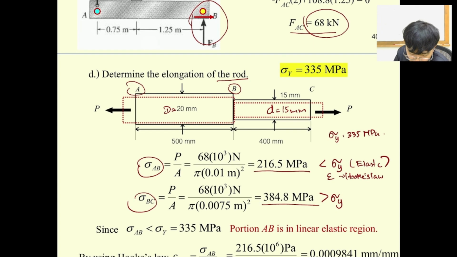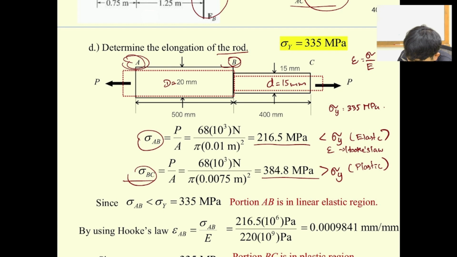Which means if I would like to find the strain from AB over here, strain is going to be stress over Young modulus easily. Okay, but for this one, it's in plastic, right? Plastic zone. So for the plastic zone, I need to define this from graph only.